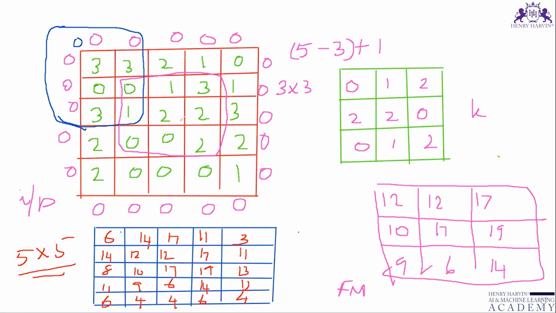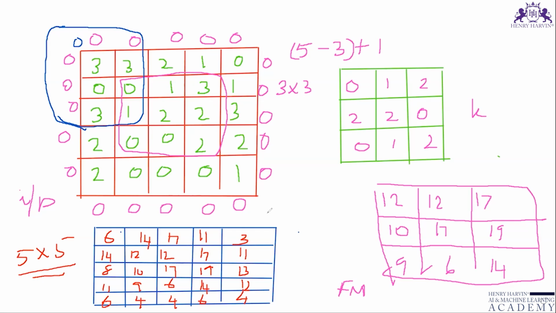I think 10, 17, 19 are the center operations, so that is the reason it is remaining the same. 12, 12, 17, 12, 12, 17, 10, 17, 19, 10, 17, 19, 9, 6, 14. So the center thing is there, and here also we are not losing any information. That is the beauty of it.